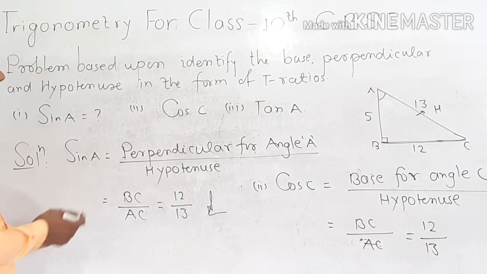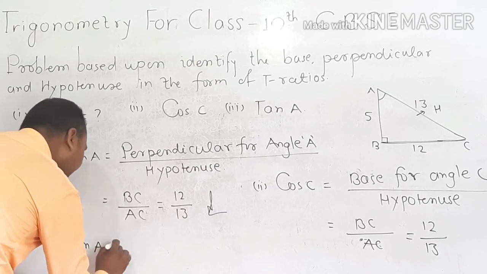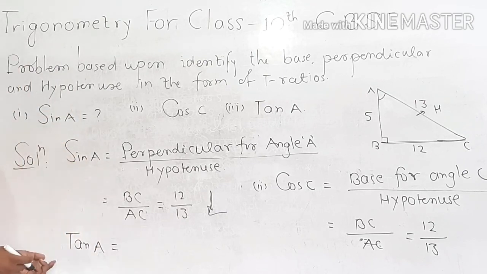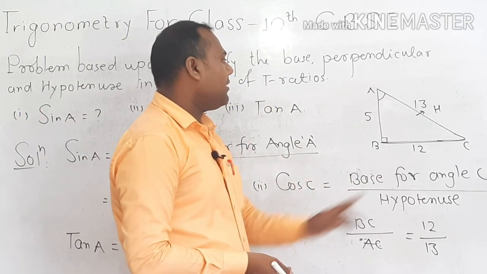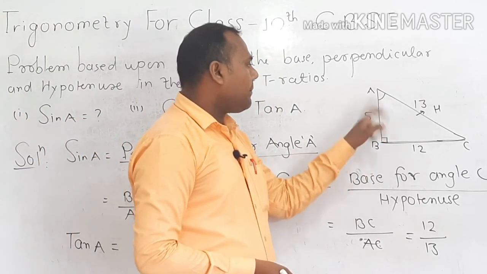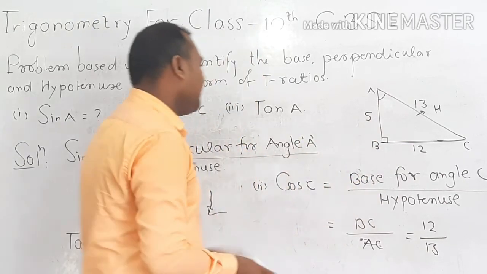Now let us find tan of A. Tan of A means we have to find perpendicular upon base. That means perpendicular for A is BC, and base for A is AB.